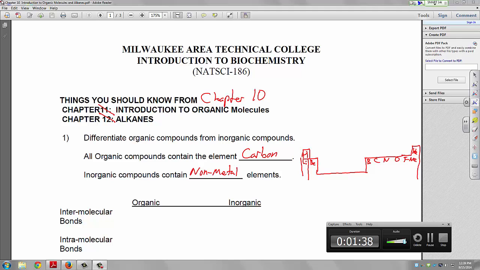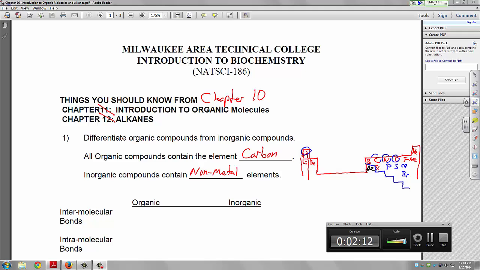Below boron is aluminum, and we have silicon. There's a little staircase on your periodic table that separates the metals from the non-metals. And so really we're just talking about carbon, nitrogen, oxygen, the halogens, fluorine, chlorine, bromine, iodine, maybe sulfur and phosphorus, of course hydrogen, and that's it.